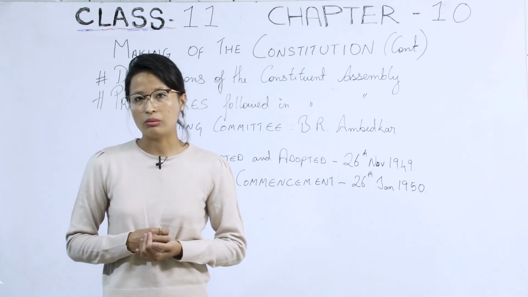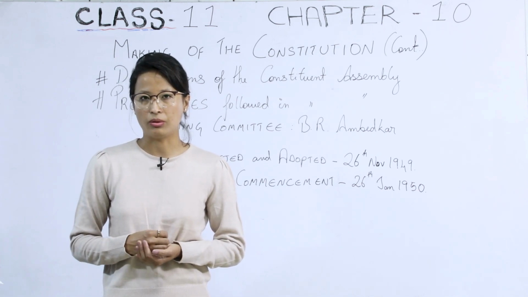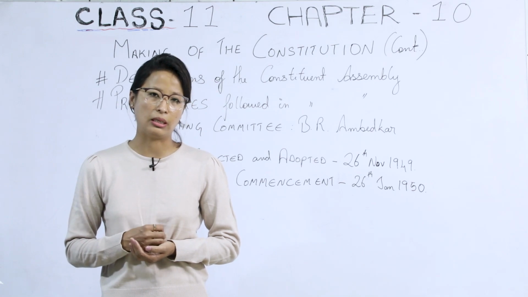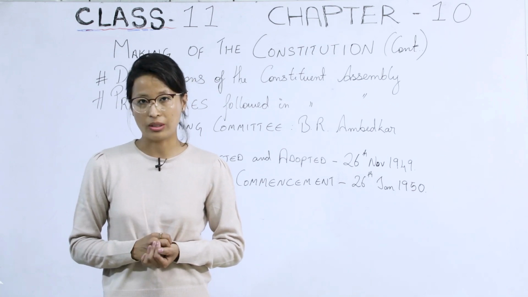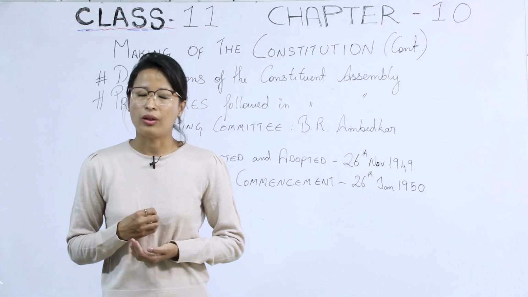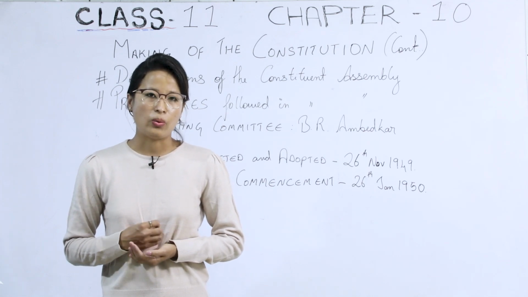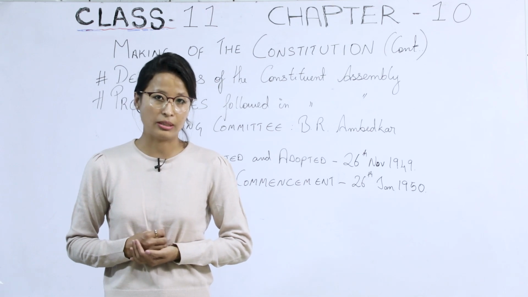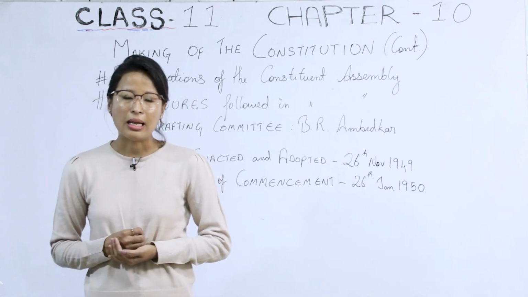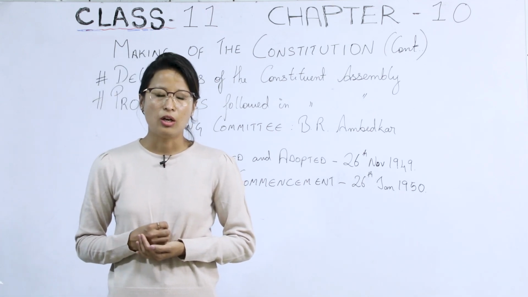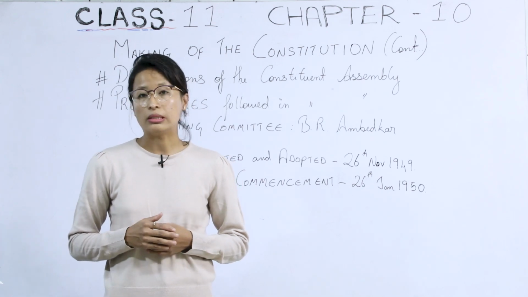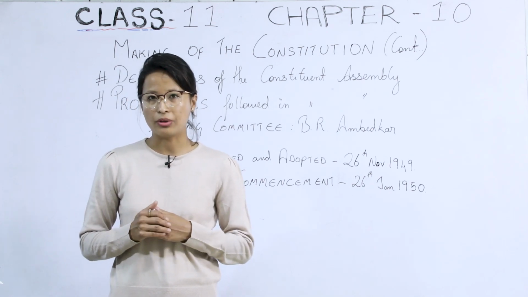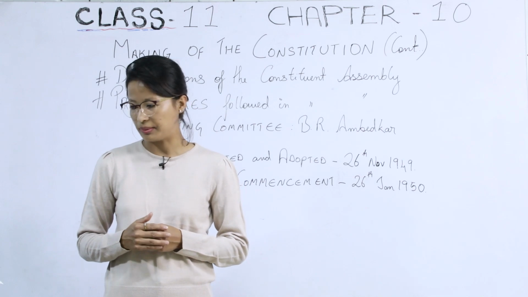Interim president means non-permanent; before a president has been elected, he was the president. In this sitting they elected Dr. Rajendra Prasad as the permanent president. On the 11th of December 1946, Dr. Rajendra Prasad was elected as the permanent president of the Constituent Assembly.